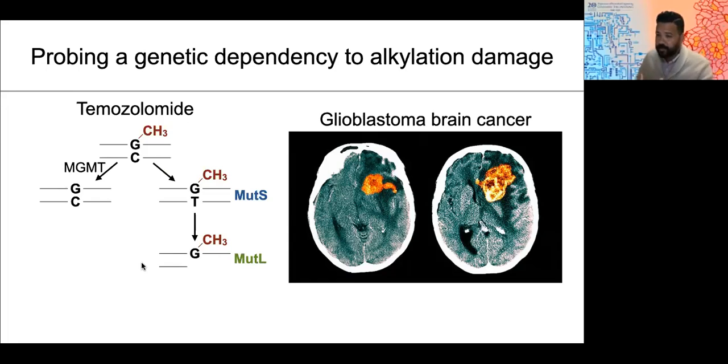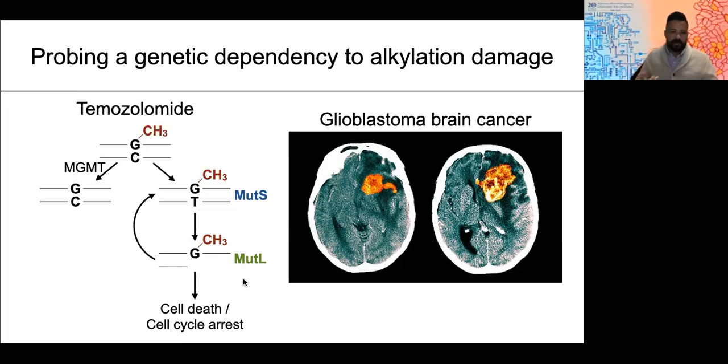However, towards the end of mismatch repair, polymerases will again incorporate a thymine opposite that guanine, creating that GT mismatch again. So this is a process that's called futile cycling that gives rise to the accumulation of these single strand gaps. And if these go through replication, they'll give rise to a double strand break and cell death or cell cycle arrest.